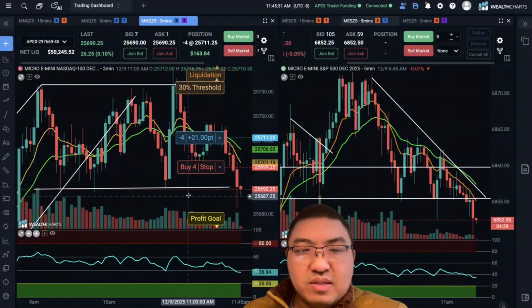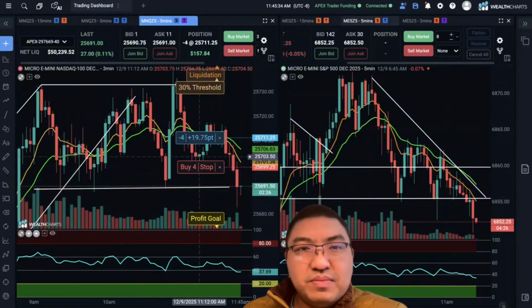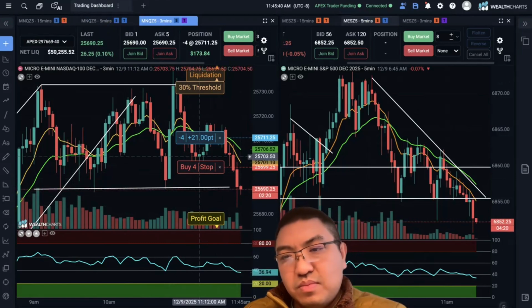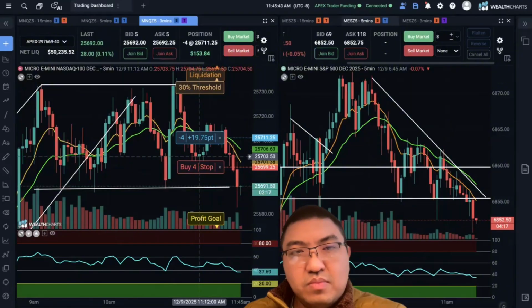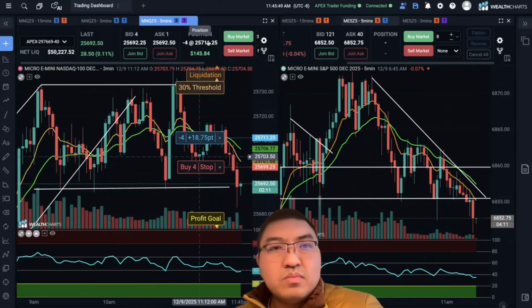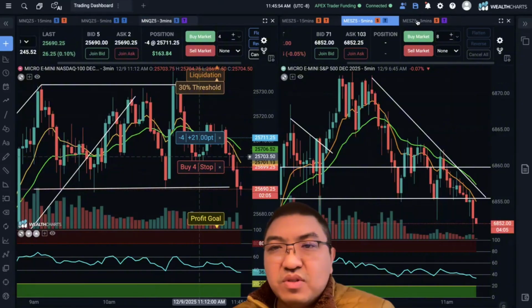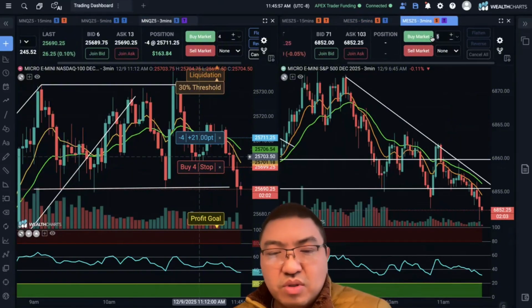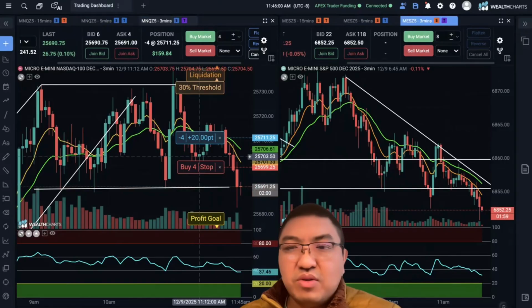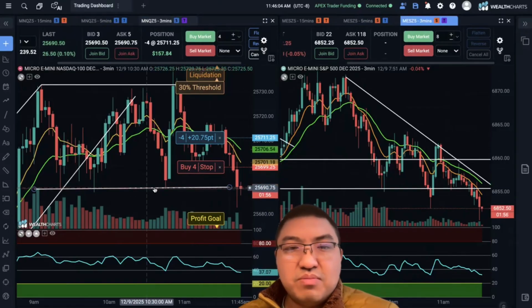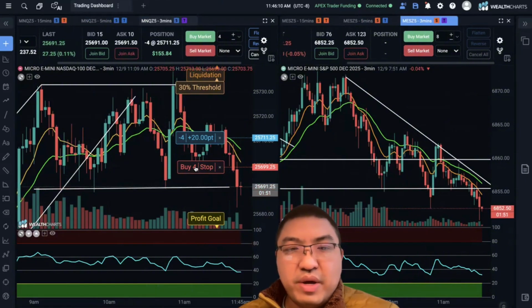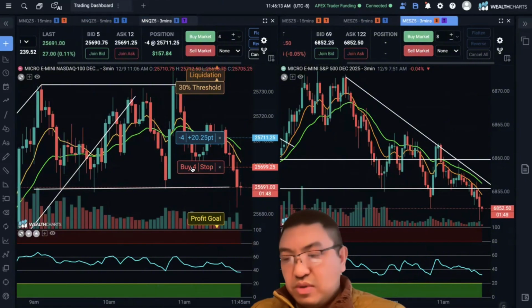Otherwise, it's going to bounce back. 4, 5. This is A. So change this to A, but it looks like its range, the volatility, reduced big enough. I don't know, but we can trail along with the 3 minute line.